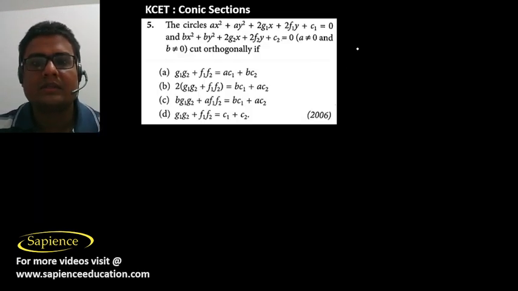Then it is told that the circles ax square plus ay square plus 2g1x plus and so on cut orthogonally.